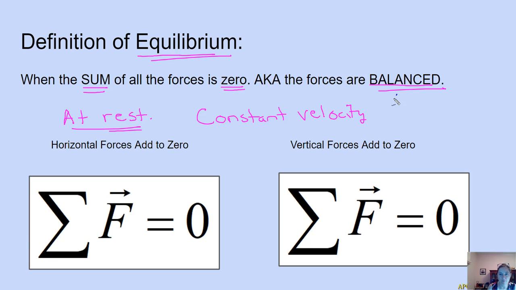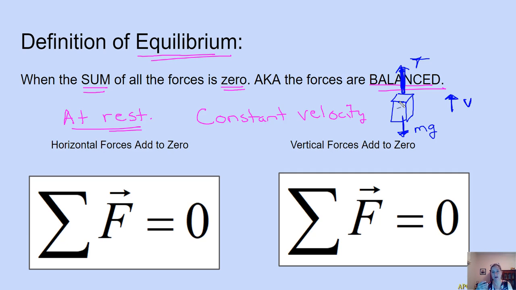So if you remember on that pretest that you all took, there's a question about an elevator, and it asked you when it was going upward at a constant speed, however much the speed is, doesn't matter, as long as it's constant, which is bigger, the tension in the cable or the weight.